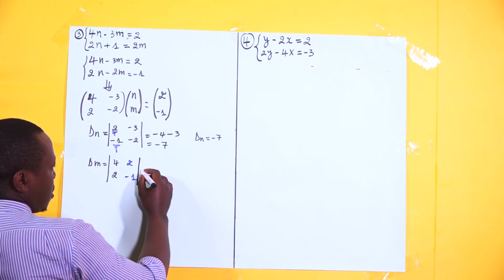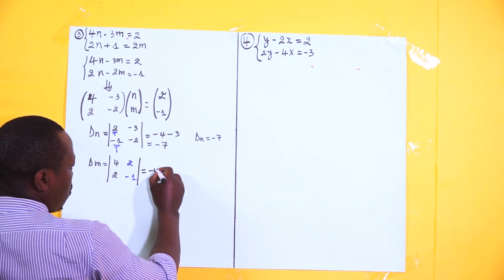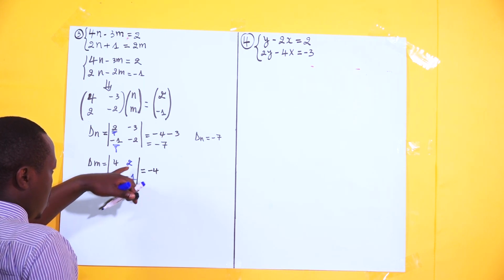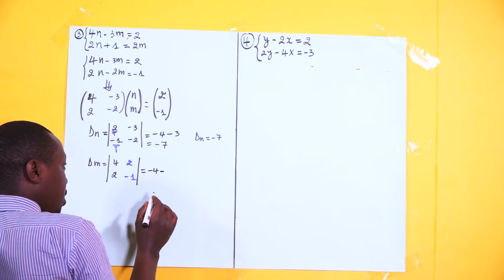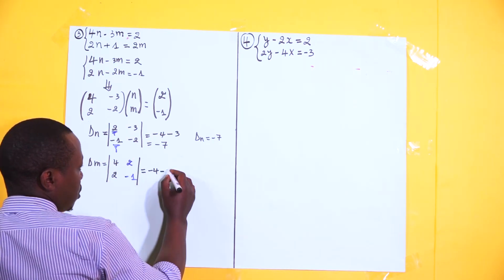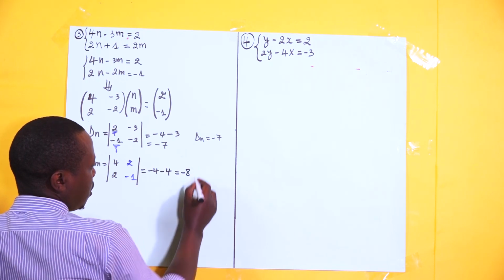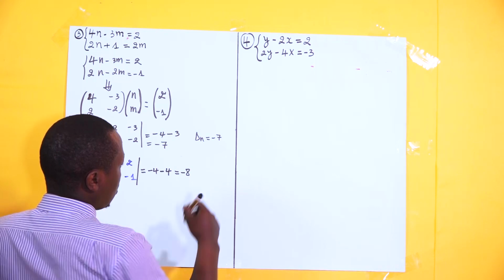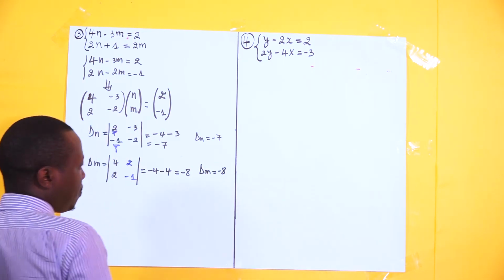Then multiplication of this gives us -4, and this by this is also negative. In the formula it is negative. 2 by 2 gives us -4. So the answer is -8. So the determinant for m is -8.